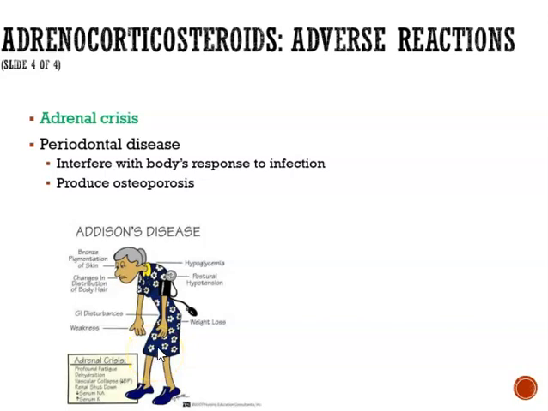And because we don't have enough cortisols being produced, all of this can happen. We can get too thin, right? Weight loss, feel weak, and we can go into adrenal crisis where our kidneys kind of just shut down, and it could become fatal. So it is a severe disease that could happen if we don't produce enough cortisols. And so this can happen when we're taking steroids for a long period of time.